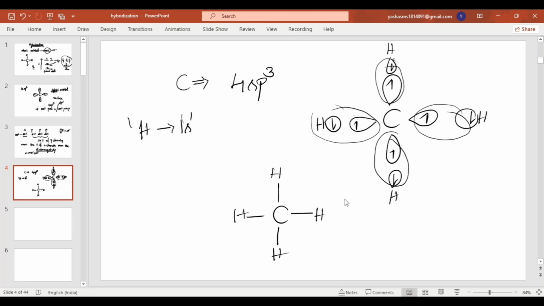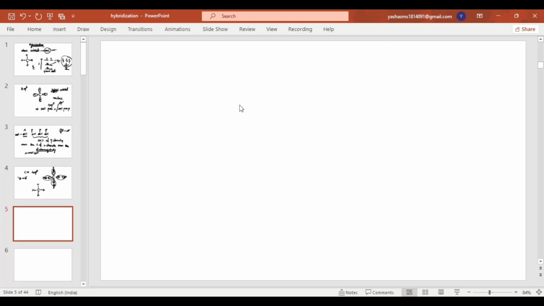If you ask what the bond angle is for sp3 hybridized carbon, we have to write it in 3D, somewhat like this. It is tetrahedral geometry. What does it mean? These two bonds, which are normal bonds, are on the plane, meaning on the paper.